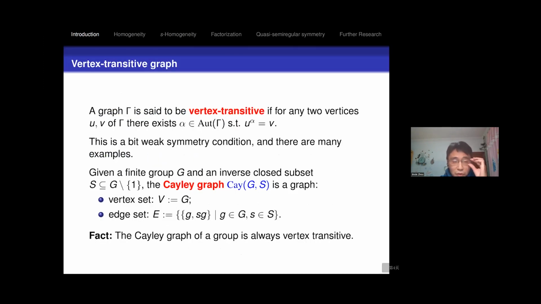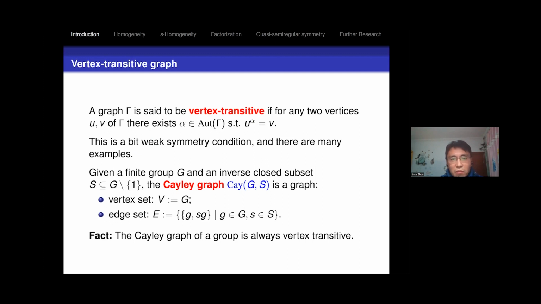For example, vertex transitive is a kind of symmetry. A graph Γ is said to be vertex transitive if for any two vertices u, v of Γ, there exists an automorphism α of Γ such that α sends u to v.